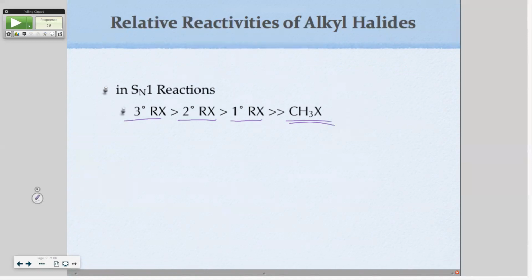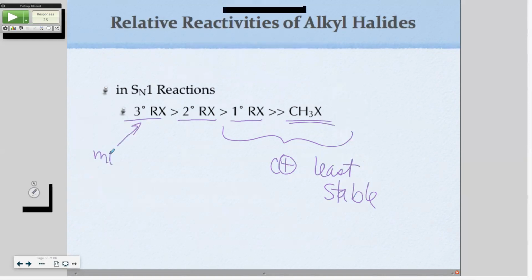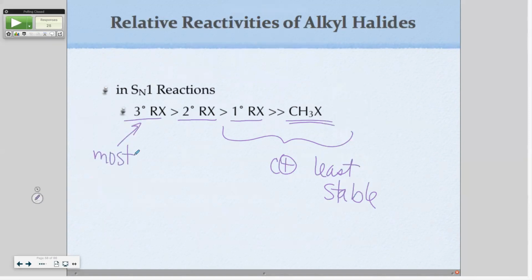The primary and methyl, these are the least reactive because the carbocations are the least stable. This one is the most stable, and the poor little secondary is in the middle.